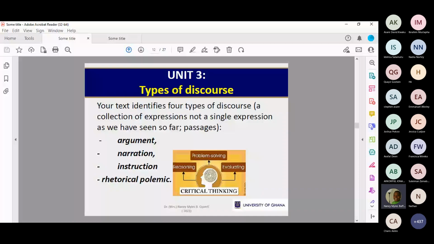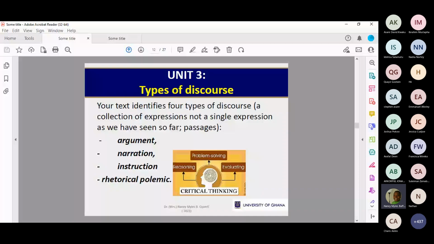In this unit 3, the discussions will focus on a collection of statements, so passages, not just one, but a collection of them. So a passage, maybe 2, 3, 5, 10 sentences put together to form a passage. We are suggesting to you that when you see a passage, sometimes it is narrating.